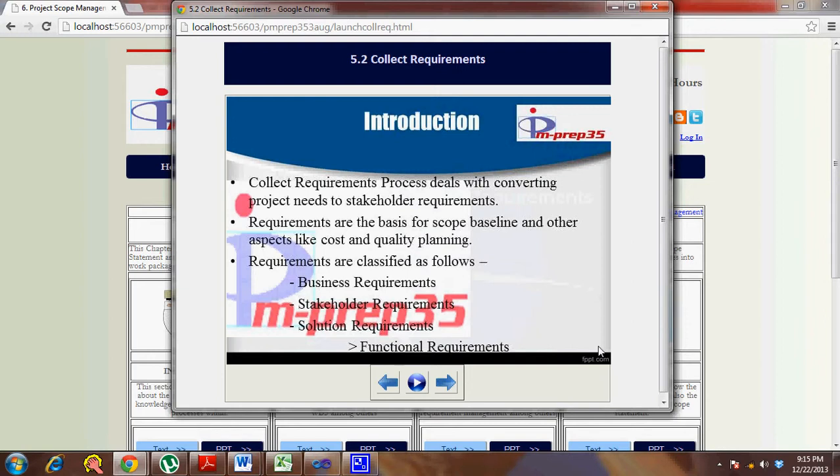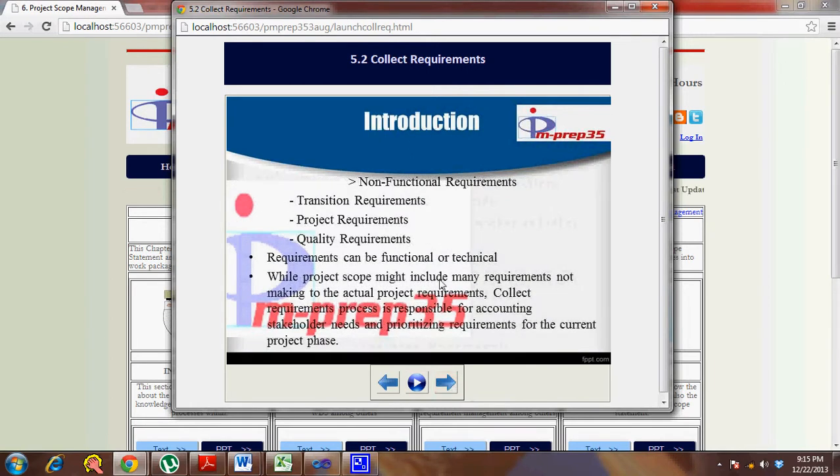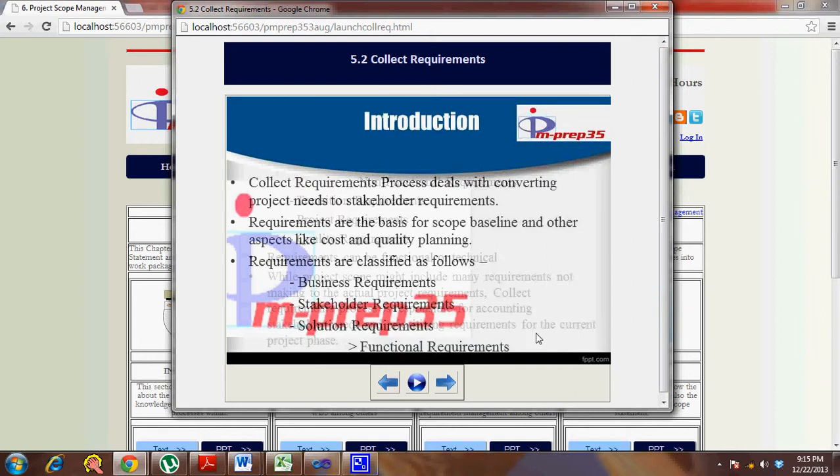The requirements are classified as business requirements, stakeholder requirements, and solution requirements. Within solution requirements, you can have functional requirements and non-functional requirements, and you have transition requirements, project requirements and quality requirements. When you look at each of these categories, business requirements deal with the business flow.